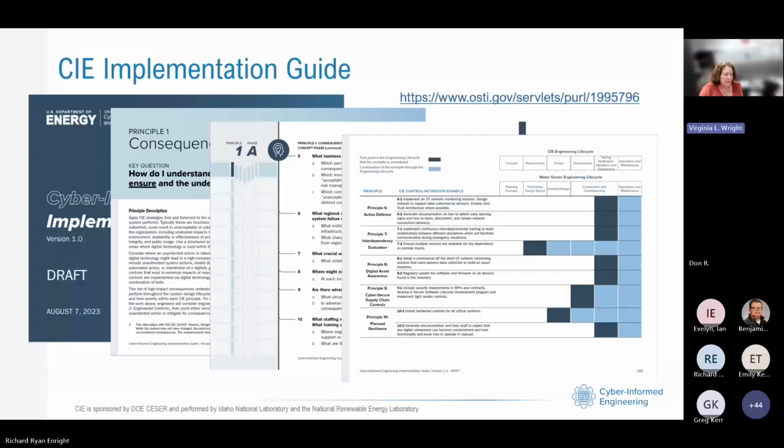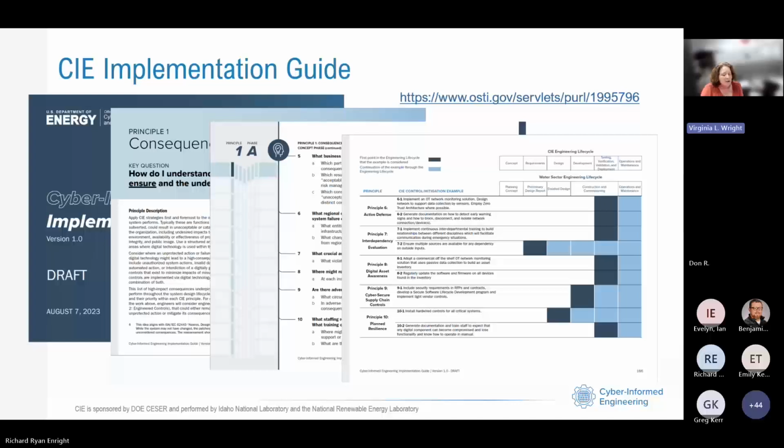So that cyber-informed engineers had a body of knowledge to draw from, one of the first products that was produced out of the Department of Energy's effort was a CIE implementation guide. In this guide, further descriptions of the 12 principles were created.